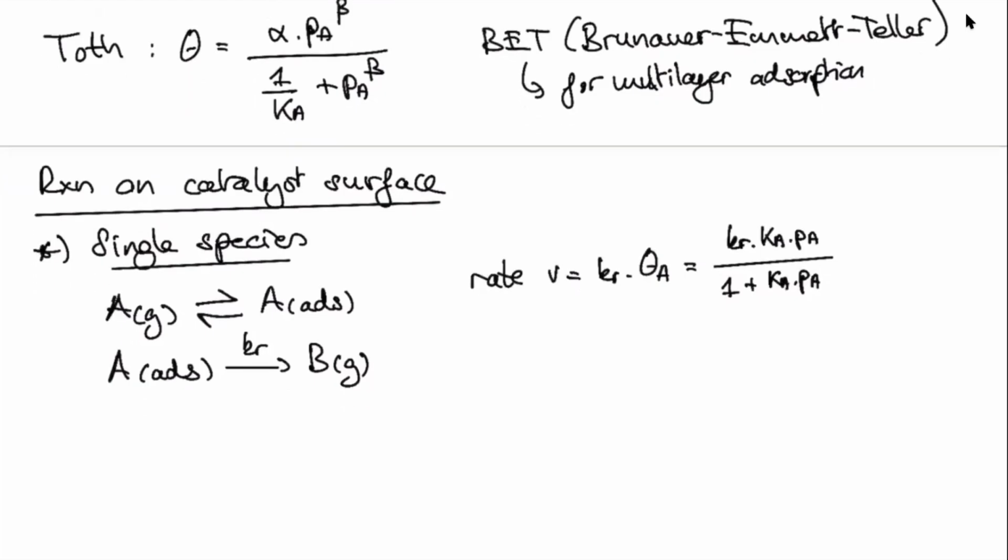Okay, so again, there can be these two regimes, right? So if we have weak adsorption, or low pressure, then V weak would be Kr times Ka times Pa.